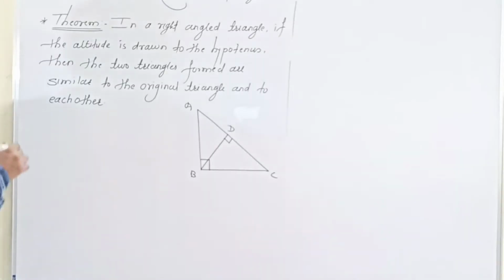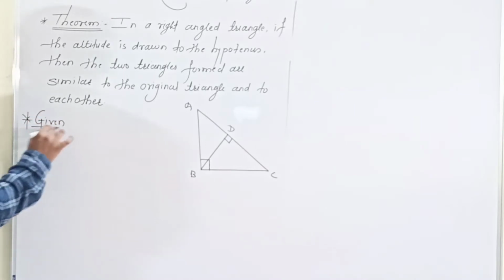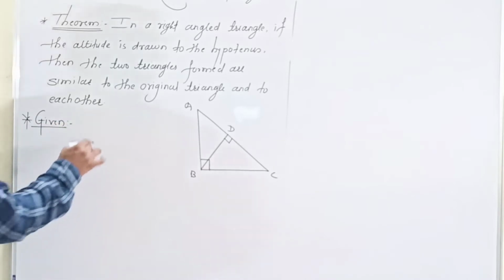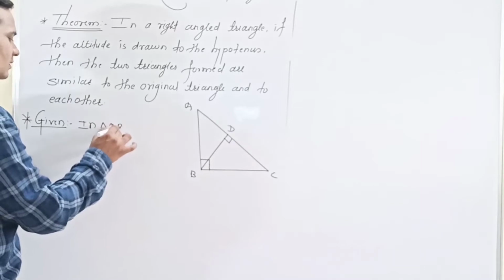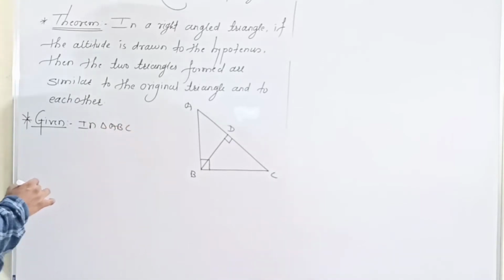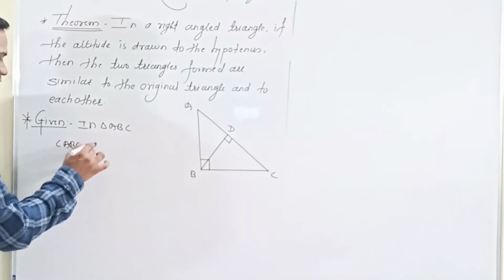So let's write down whatever is there in a figure as a given. So we can write here given. Now what is there in a given? In a triangle ABC, angle ABC is equal to 90 degree.